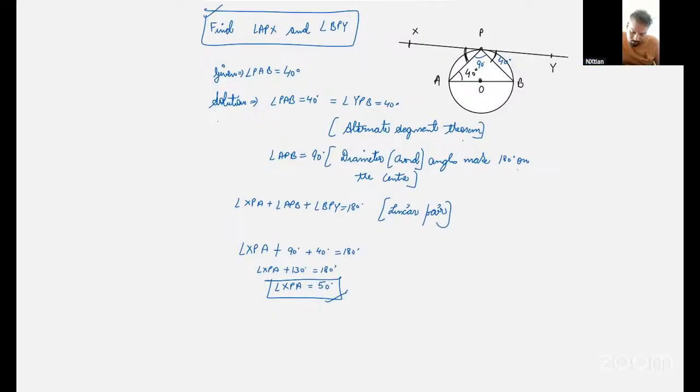Okay, so now tell me which chord is making the angle on the circumference, like APY. AB. No, it's APB, right? Yeah, I mean AB. No, the chord is there. Okay, just give me a second.